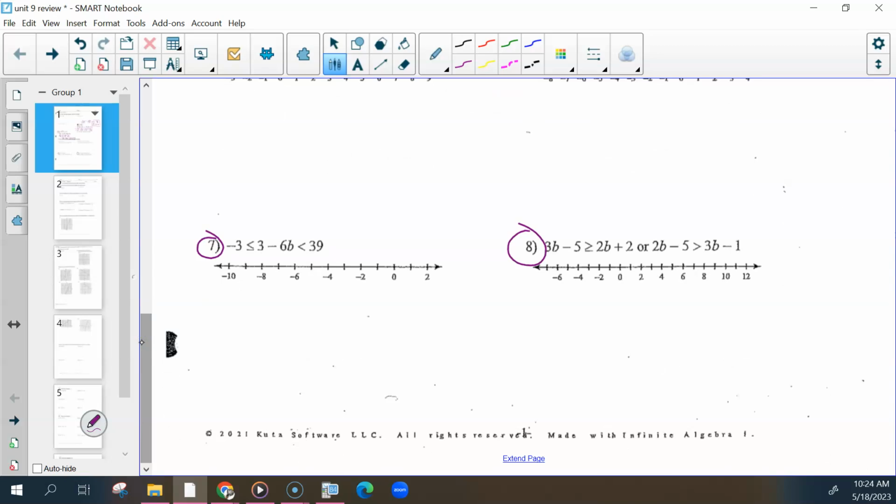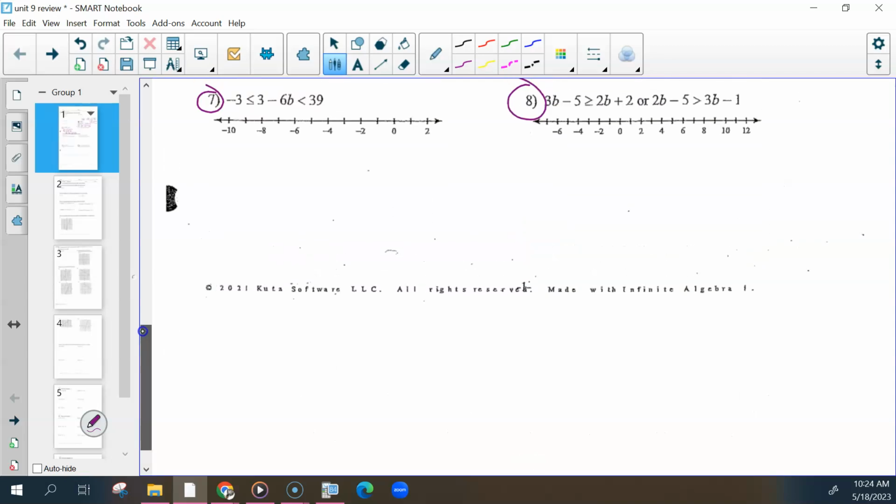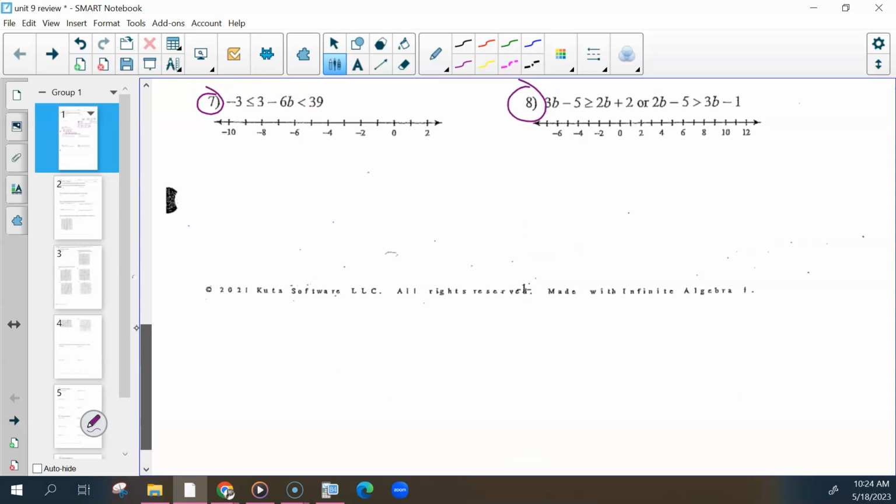So let's do 7 first. When you see it condensed like that, it's all together. This is your and. You're going to solve it all together. So do everything to everything. Your goal is still to get the b in the middle, or the variable, by itself.